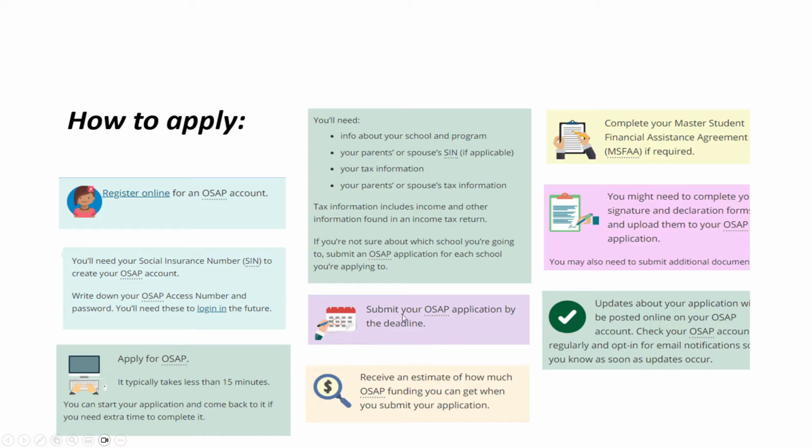After submitting, you have a chance of uploading your documents, and then you complete the Master Student Financial Assistance Agreement. After that you can track your status, like how much money you are going to receive from the account.